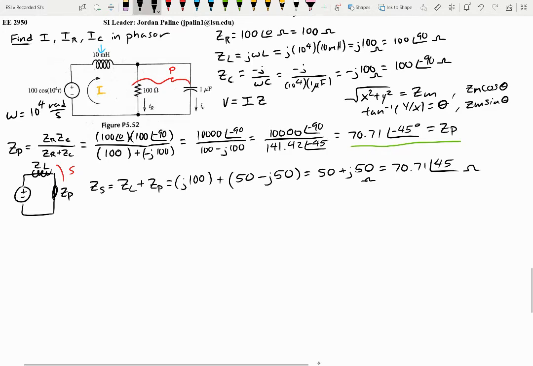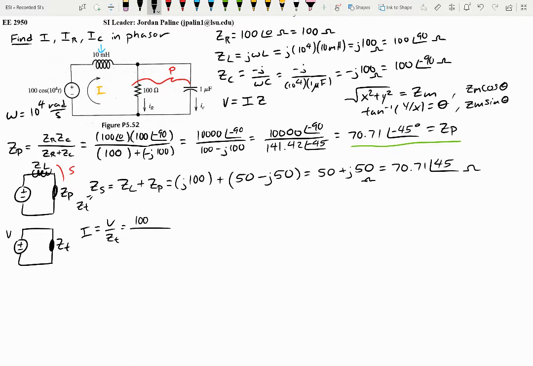Okay, so now all we have is Z total, which is just equal to ZS, by the way. And then voltage. So to find the original I, it will be V over Z total. When we do that, we get 100 at angle 0, since there's no angle here, the phase angle is equal to 0.